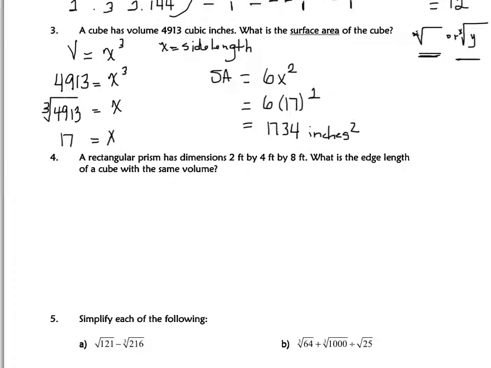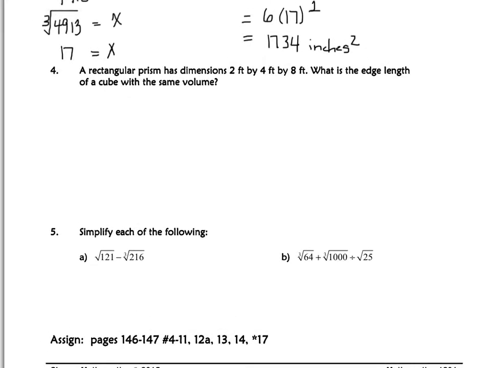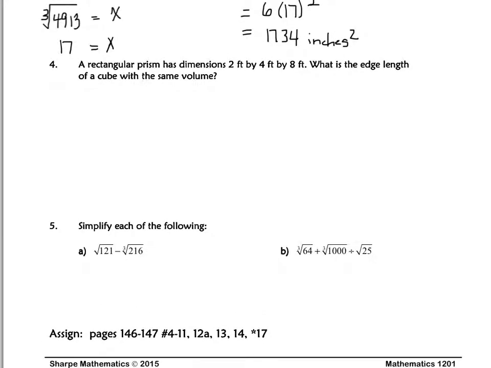And the next example is, I'll just move that up there. The next example is a rectangular prism which has dimensions 2 feet by 4 feet by 8 feet. What's the edge length of a cube with the same volume? So first thing we'd want to do is find the volume of the rectangular prism.